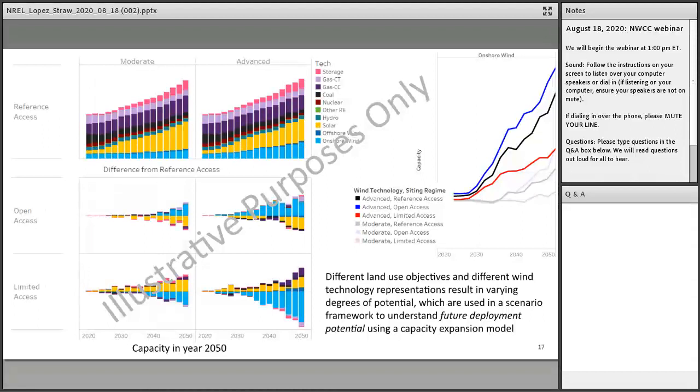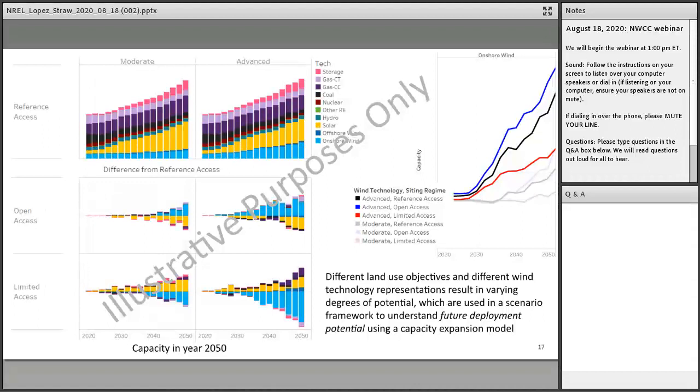So in the year 2050, you can see in the top graph the capacity mix of the electricity system. What we're seeing in the bottom two rows are the open access and limited access, and we're seeing the difference from the reference access. In open access, on the right-hand side of that graph, we can see increasing wind penetration.